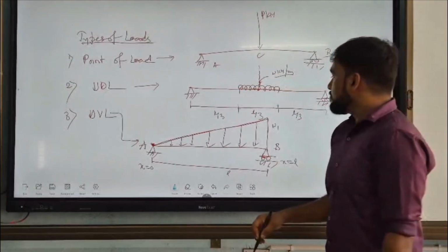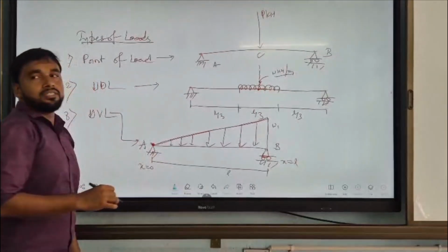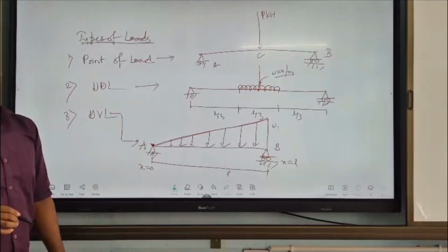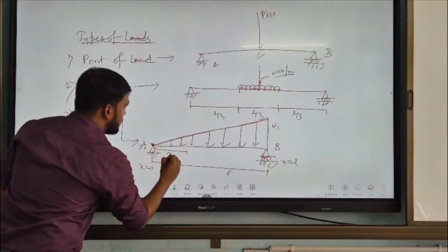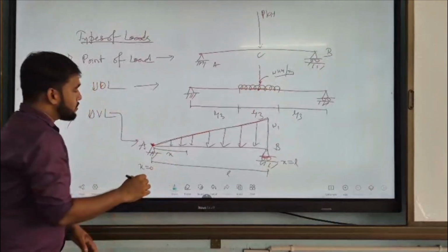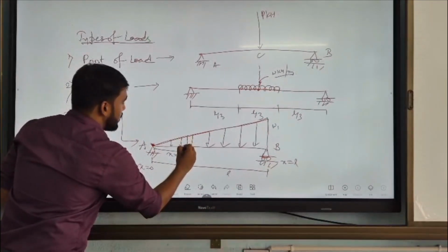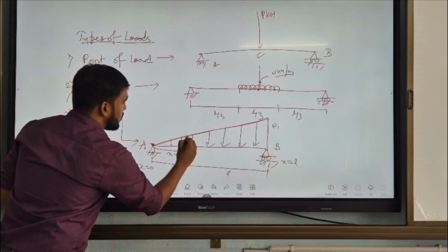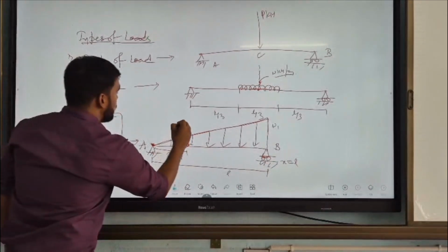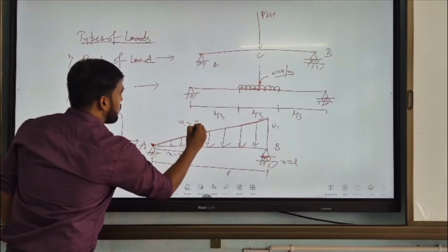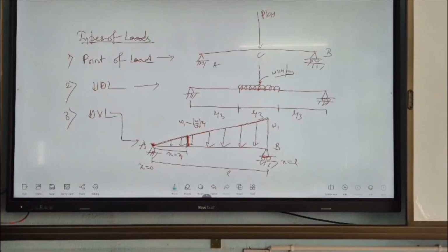Okay. Now, I am going to calculate the intensity of load at a distance x from the A support. Suppose at x equal to any value x1, the intensity of load will be this amount. Here the intensity of loading is, suppose, W. This will be W1 by a into x1. I think all of you know.